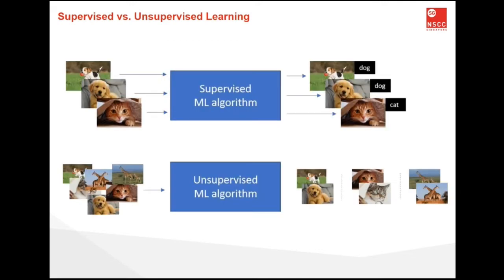Let me give you a concrete example of supervised and unsupervised learning. Suppose we have images of different types of pets. The task of our supervised learning model is to identify the animals and classify them accordingly.